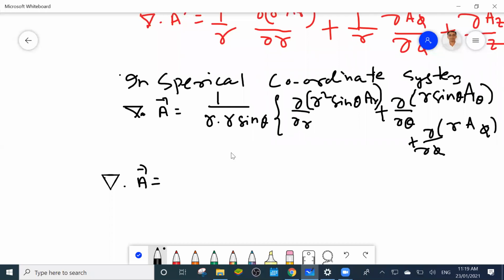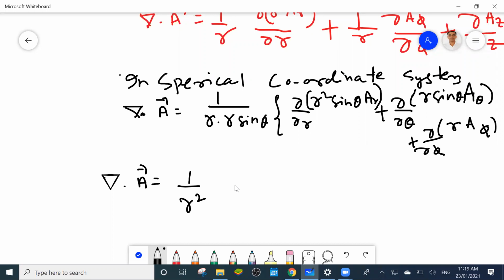So that is here r square, here r sin theta. This is with respect to, look, here 3: r, theta, phi. So sin theta is constant here, so this sin theta you can bring outside. But this is differentiation with respect to r. So I can write first, 1 by r square, and this r square I cannot bring outside because this is variation with respect to r.